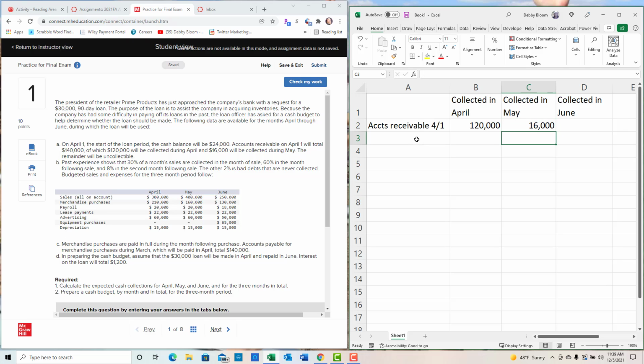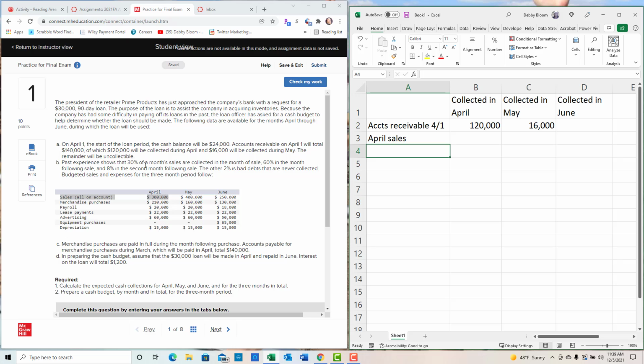We were given in the problem that $120,000 of that amount will be collected in April, and $16,000 will be collected in May. Now we have to look at the schedule of collection for April sales, May sales, and June sales. So our April sales, all on account, are given as $300,000.